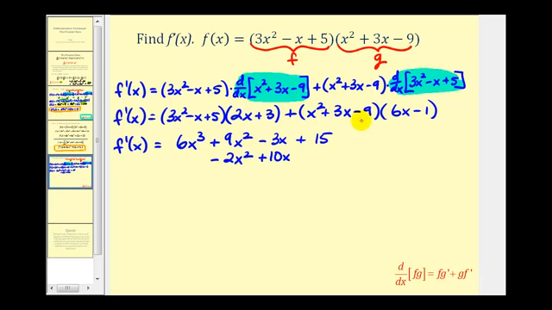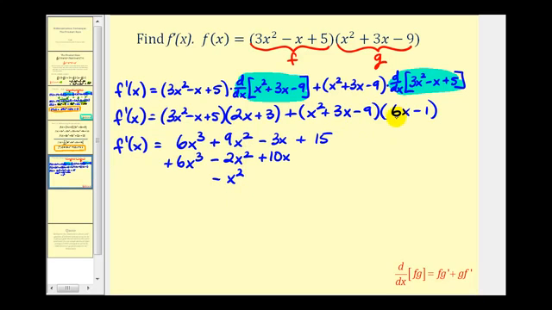And now we have 6 more products here. X squared times 6x, that's plus 6x cubed. X squared times negative 1, that's going to be negative 1x squared, or negative x squared. Again, notice how I'm putting it under the x squared column.